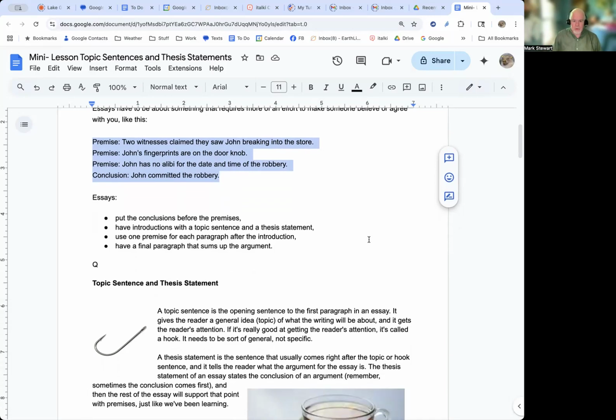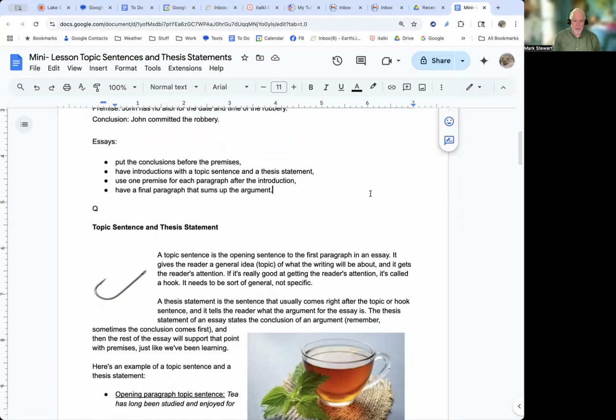So, things to know about essays besides that. Essays put the conclusion of the argument before the premises. And you may remember we've talked about that it's fine if the conclusion comes first. You just still need to have premises that support it. But also, the introduction to an essay, the first paragraph, has at least two sentences. The first one is a topic sentence. More about that in a moment.